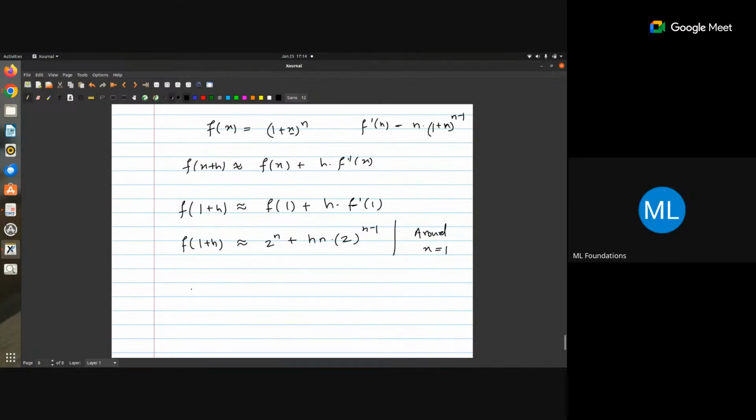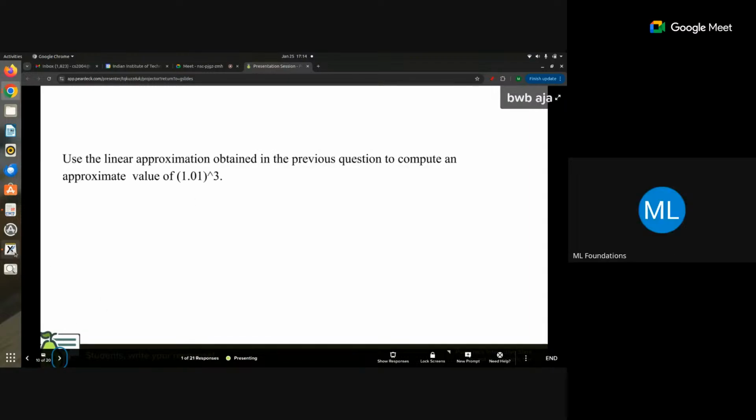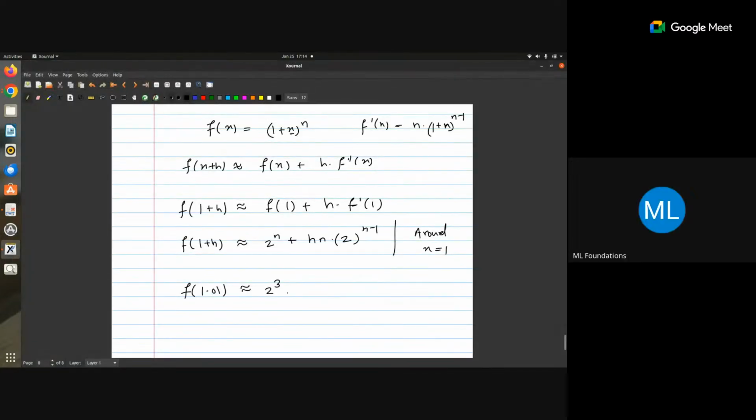And now what I wanted to find is f of 1.01. So what is n here? n is 3, the exponent is 3. So 2 to the power 3 plus h, which is 0.01, into 3 and 2 to the power 3 minus 1, which is 2 to the power 2.